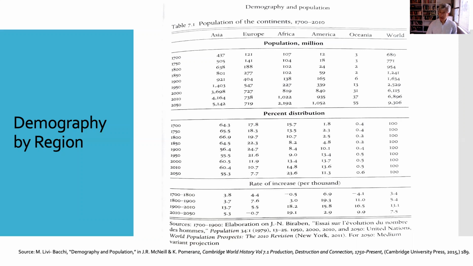Europe, again, grew in the 19th century, despite the fact that we know that many Europeans, as we'll see in a minute, are leaving for other parts of the globe, primarily North America and South America.